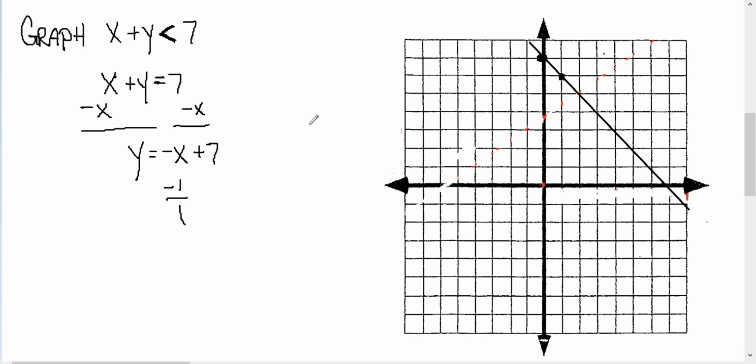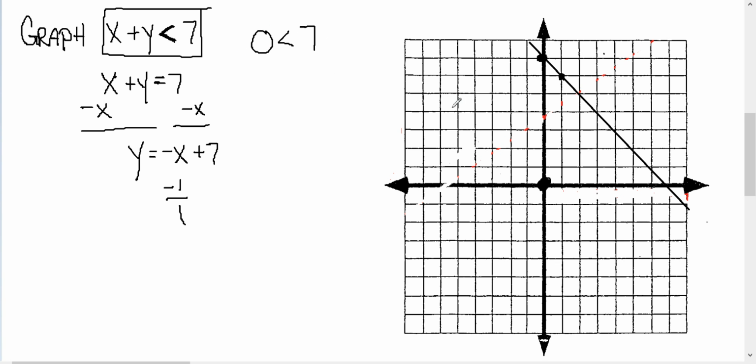Now I want to pick a test point. I'm encouraging us to use 0, 0. When I do, does that satisfy the original inequality? If x and y are both 0, then 0 is less than 7.